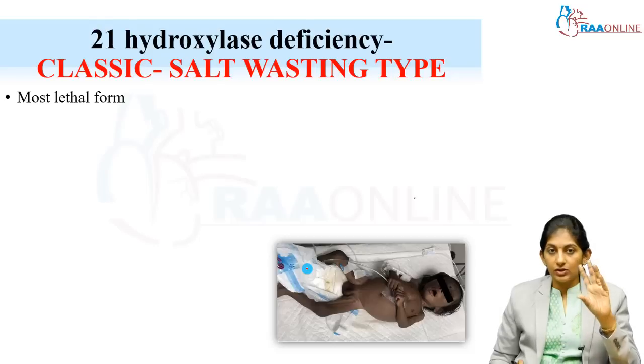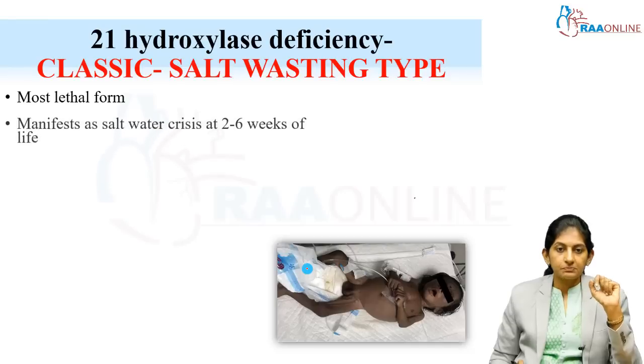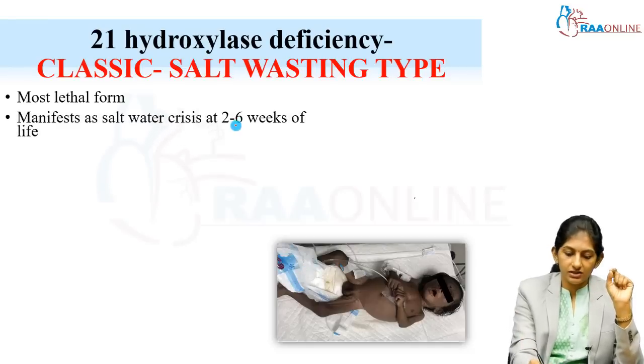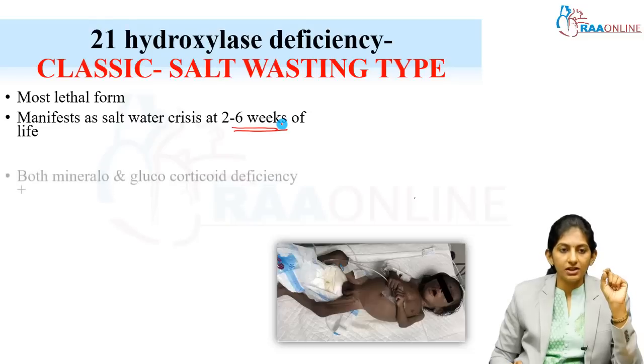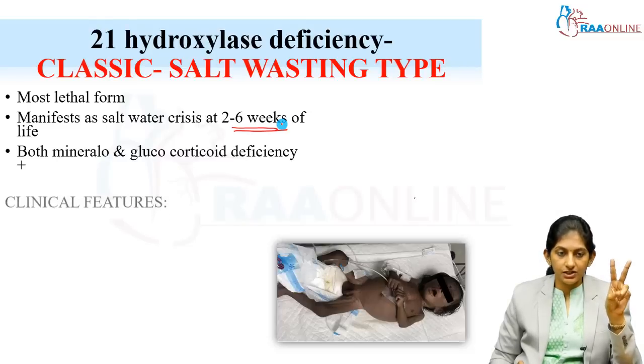If the genitalia is ambiguous, or if it is a male with hyperpigmentation, presenting with severe dehydration and shock, always think of 21-hydroxylase deficiency if it is missed in the newborn screening, right? So they manifest as a salt wasting crisis at 2 to 6 weeks of age. This presentation is very important.